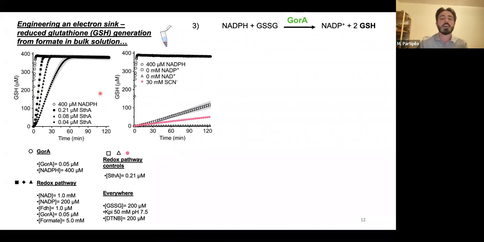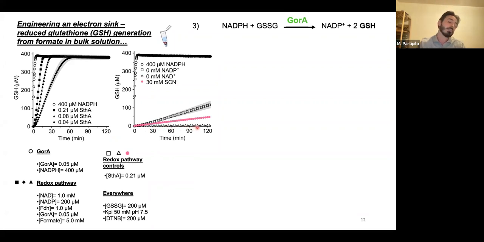Also in this case, we had our negative controls, again the thiocyanate in pink that inhibits the first enzyme, the formate dehydrogenase. We also carried out experiments in which we used the full pathway, so all these enzymes, but devoid of one of the two cofactors. You can see that when we did not include any NAD plus, the empty triangle, we fully abolished any glutathione reduction at all.